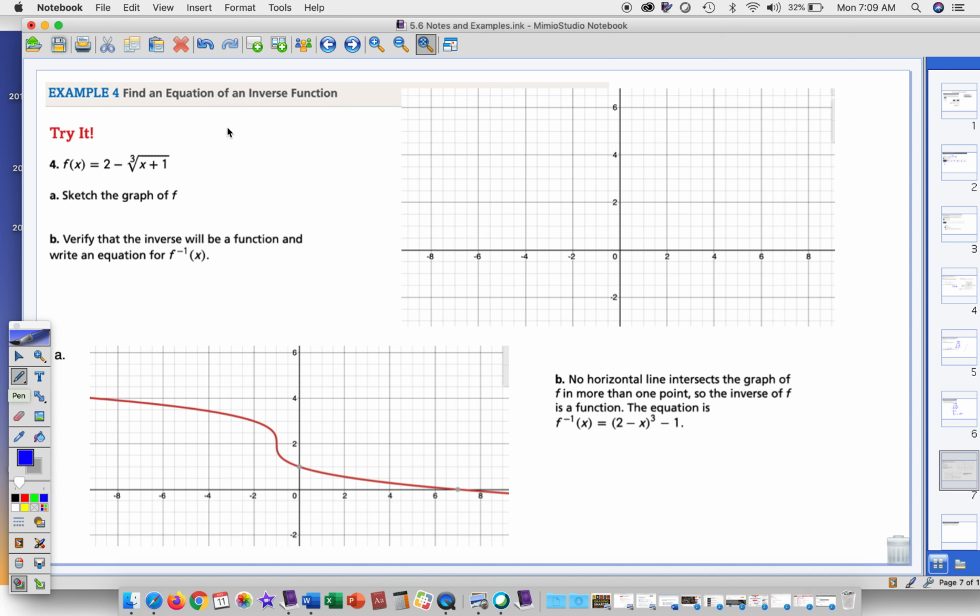So let's see. We'll go through the steps here. I'm going to write it out as x is equal to 2 minus cube root of y plus 1. I'm going to subtract the 2. I have a negative in front of that cube root. So if I divide by the negative, that's going to switch these signs. So I'll write it as 2 minus x.